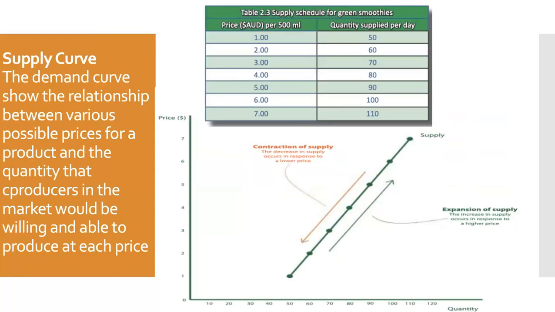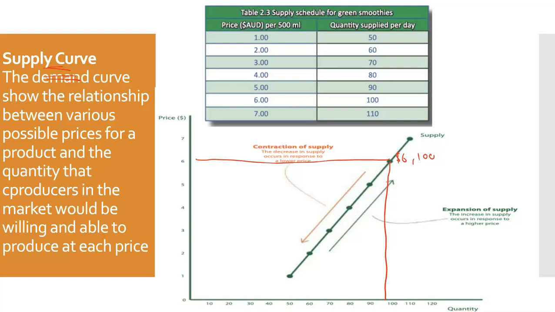And this creates what we call a supply curve. And you can see the supply curve is an incline. It shows the relationship between the variable possible prices and the quantity producers are willing to produce. Now, if we look at our example, at $6, I'm prepared to produce 100.